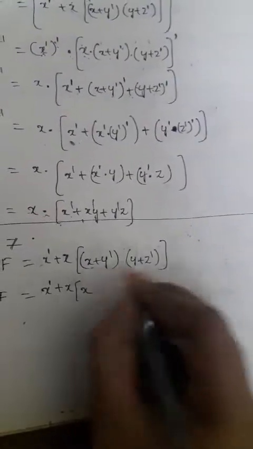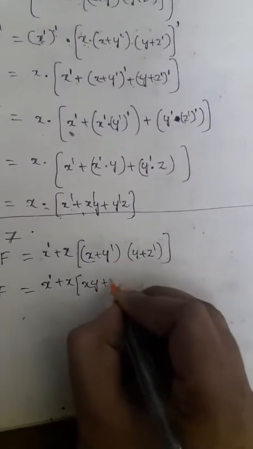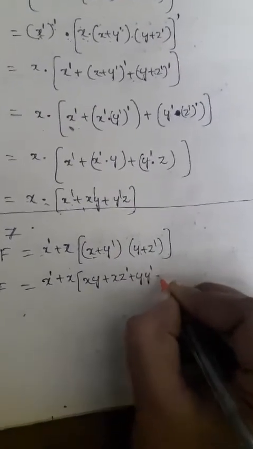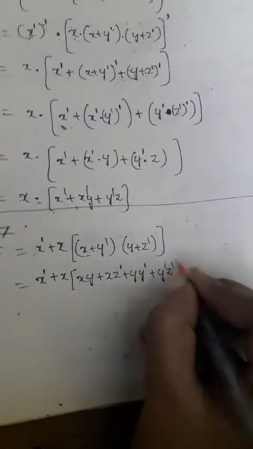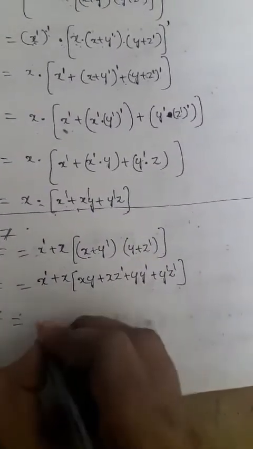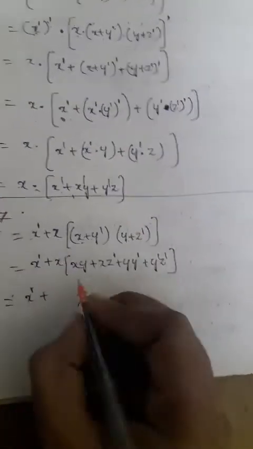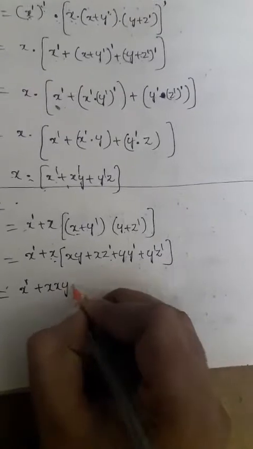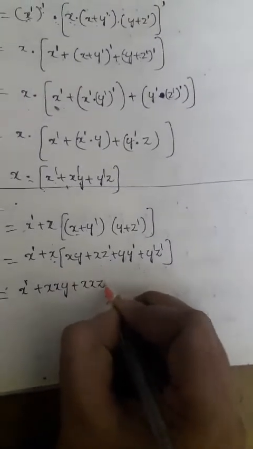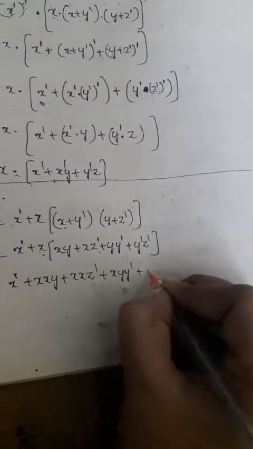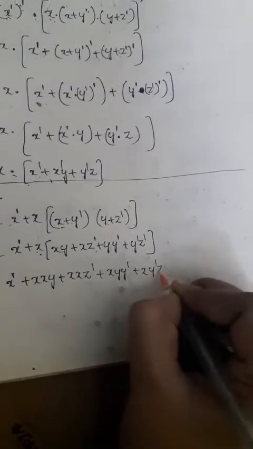Okay, so first I have to simplify these terms, xy plus xz complement plus y into y complement plus y complement z complement, right? So again we have to multiply this term, x complement plus, we have to multiply each and every term with x. So x x y plus x x z complement plus x y y complement plus x y complement z complement.